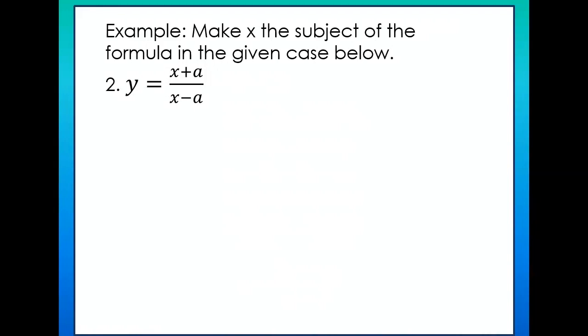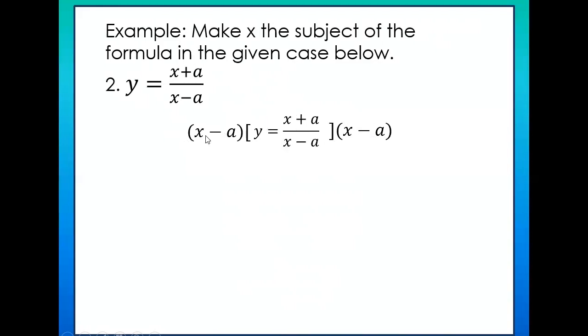multiplying both sides of the equation with x minus a. Through that, we have this one as part of the solution, both sides, x minus a. Again, we are making this equation not in a fractional form. We multiply both sides by this denominator, x minus a.